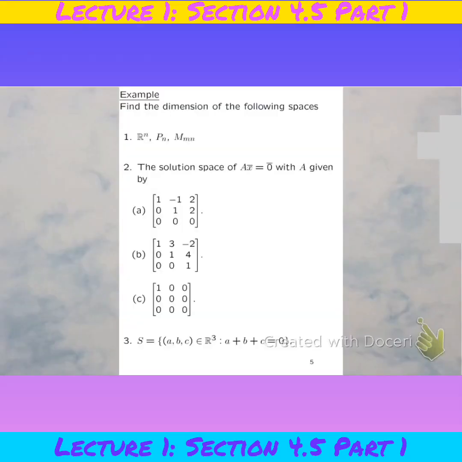Okay, so let's look at my last one, number 3. There we have in R3 the set S comprising all vectors where the sum of the x, y, and z components adds up to 0. What is the dimension of that set S?